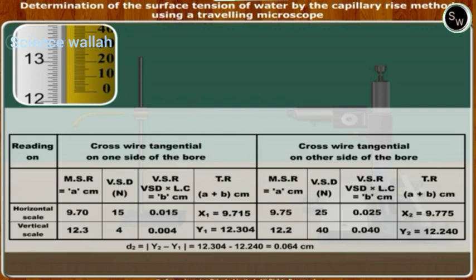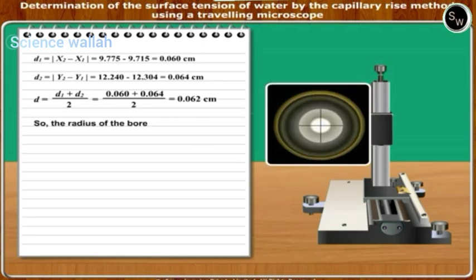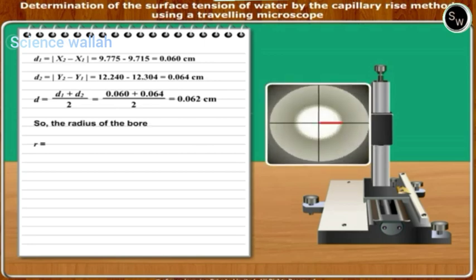The mean diameter of the bore of the capillary tube is given by D is equal to D1 plus D2 upon 2 is equal to 0.060 plus 0.064 upon 2 is equal to 0.062 centimeter. So, the radius of the bore R is equal to D upon 2 is equal to 0.062 upon 2 is equal to 0.031 centimeter.